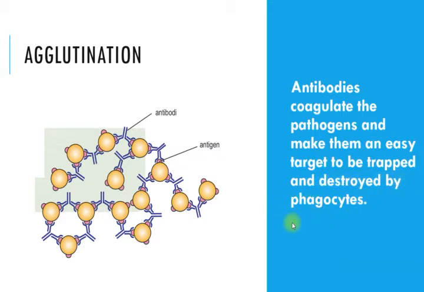When the antibody coagulates with the pathogen, it becomes an easy target and will be easily destroyed by phagocytes. Phagocytes here refer to neutrophils or monocytes. So that is the first mechanism, agglutination.